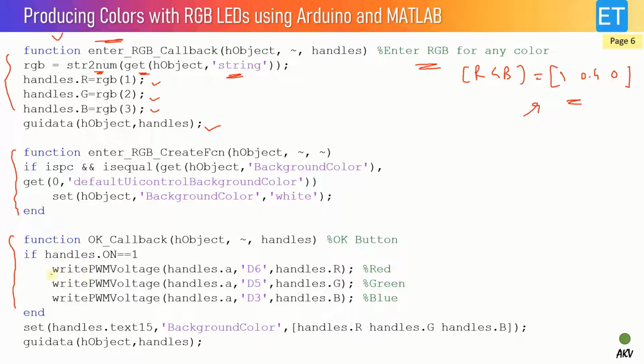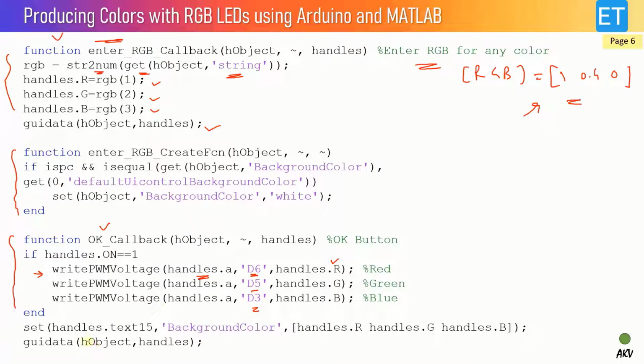When the OK button is pressed, you are writing this PWM voltage to your board. Whatever value is given for red is given to pin number D6, for green pin number D5, and for blue pin number D3. So your RGB LED will show the corresponding color.